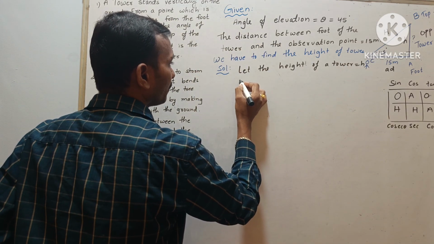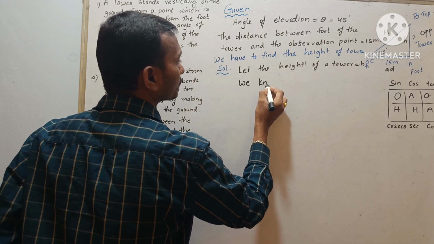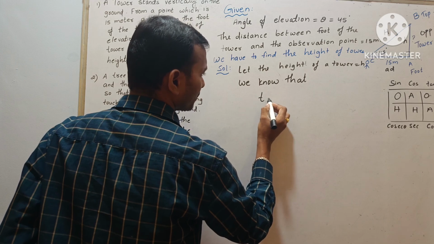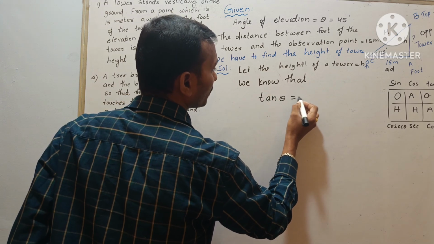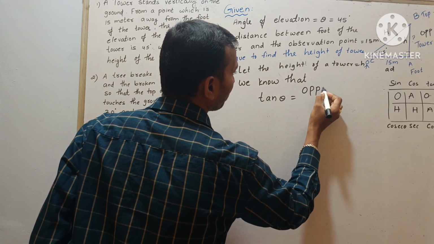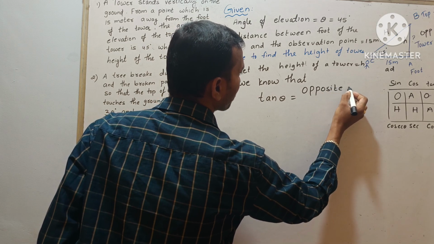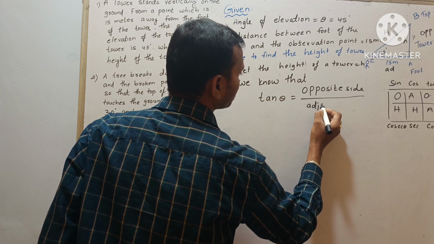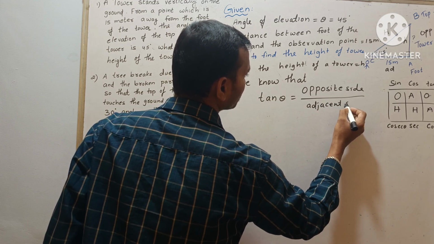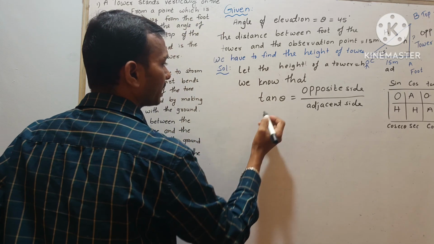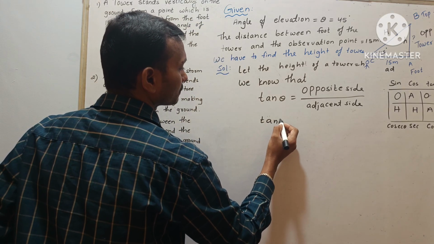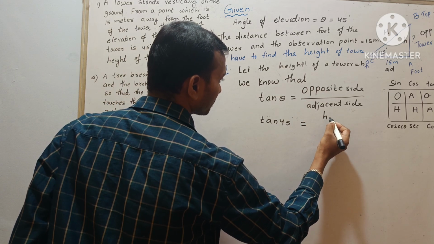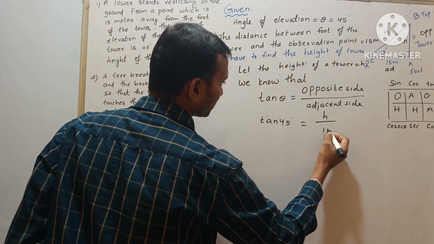So we know that tan theta is equal to opposite side by adjacent side. That is tan 45 degrees. Here the opposite is nothing but h. Adjacent is nothing but 15.